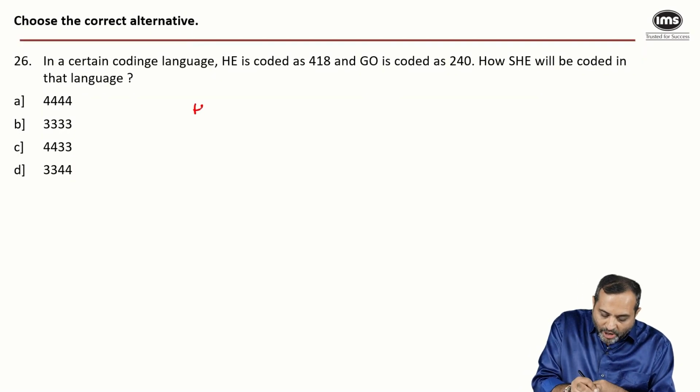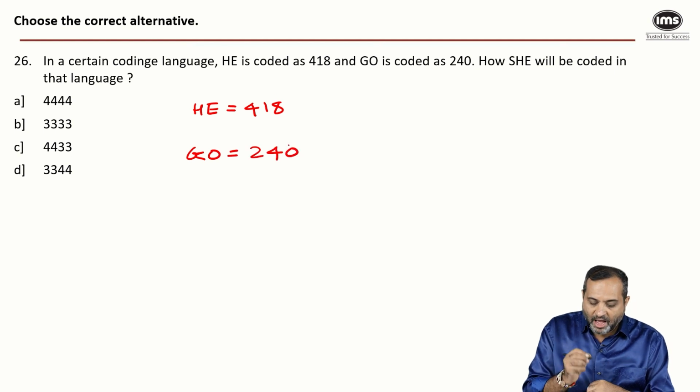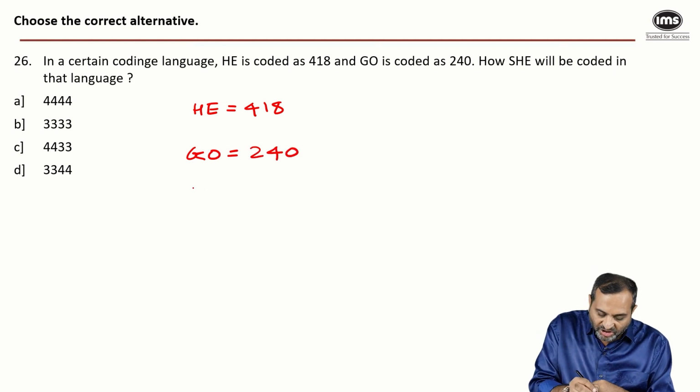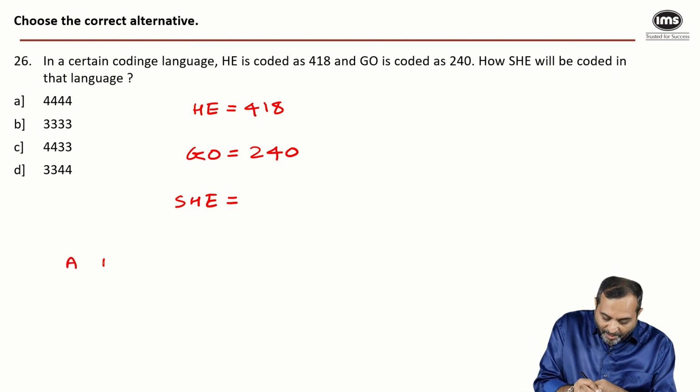In a certain code language, HE is coded as 418 and GO is coded as 240. I want to find the code for SHE. Now let's look at numbers and let's look at the alphabets.